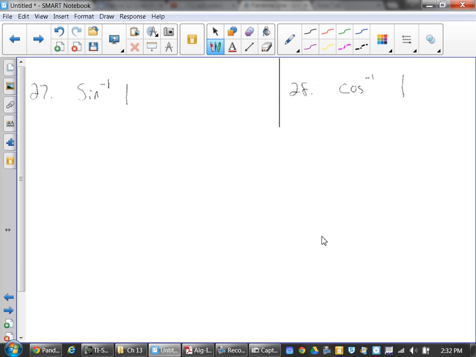Back to the last bit. Find the exact value. What is the angle that has a sine value equal to 1? Which means you have to start to think again. Sine is placed between pi over 2 and negative pi over 2.